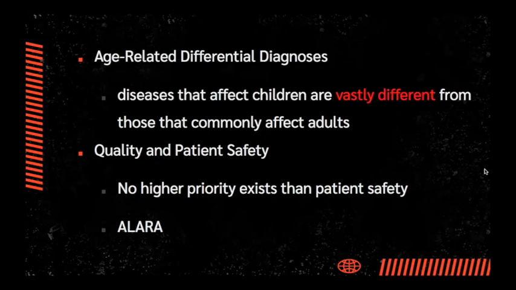So any mutation or changes which are an effect of radiation might show in their adulthood. So it is important to adhere closely to ALARA, which is as low as reasonably achievable. Right, so we don't do unnecessary images, be it pediatric or adult.